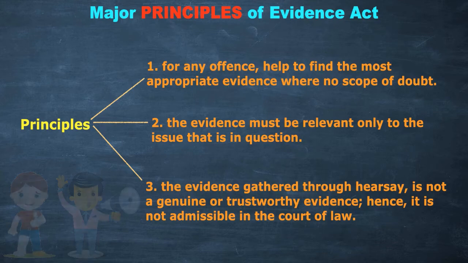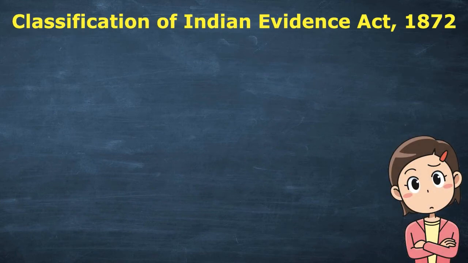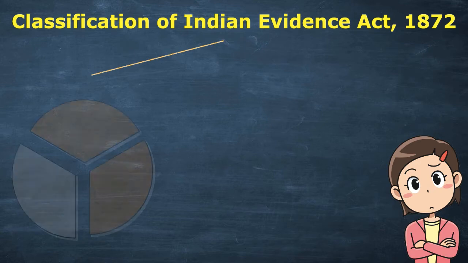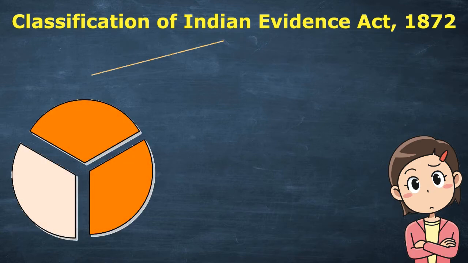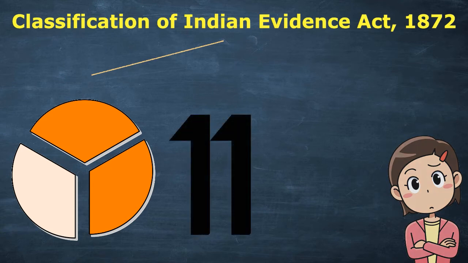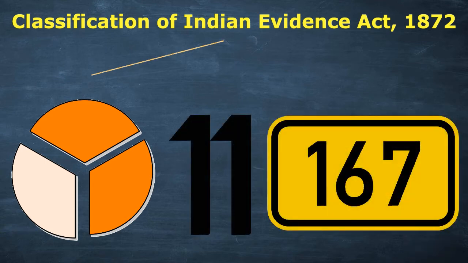Okay, now let's check out the classification of the Indian Evidence Act. The Indian Evidence Act is primarily classified into 3 parts, with a total of 11 chapters and 167 sections.